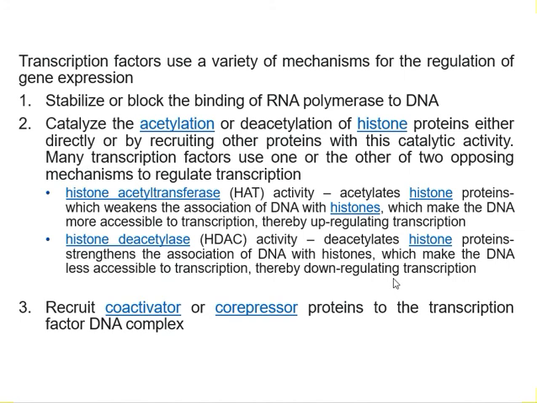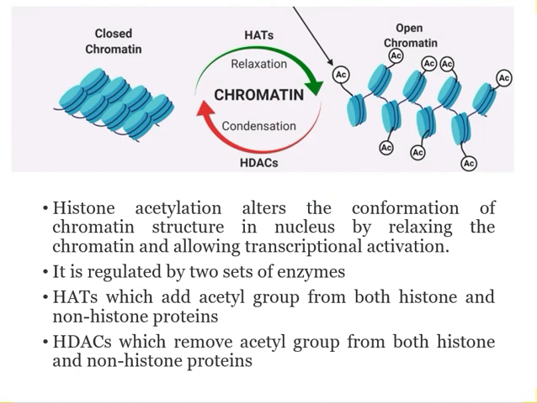We will just take an illustration of this, where you can see the histone proteins associated with DNA. This is the case of a eukaryotic cell, but I am just explaining how these two types of molecules influence gene transcription. The HATs acetylate the histones.